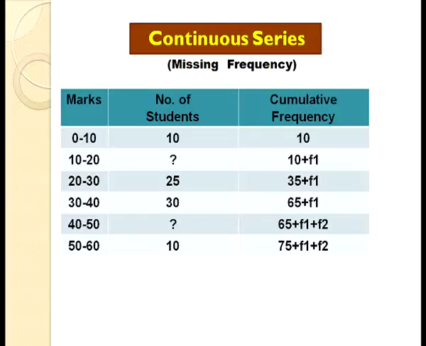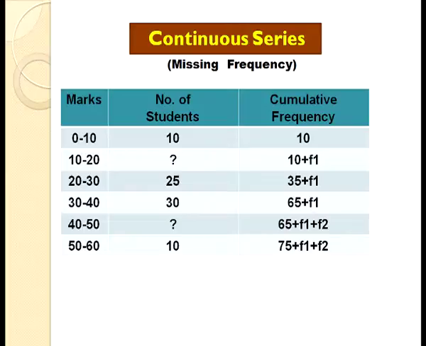So, cumulative frequencies: 10, the next is 10 plus F1, then 10 plus F1 plus 25 comes to 35 plus F1, then 35 plus F1 plus 30 gives 65 plus F1, then 65 plus F1 plus F2, next 65 plus F1 plus F2 plus 10 comes to 75 plus F1 plus F2.